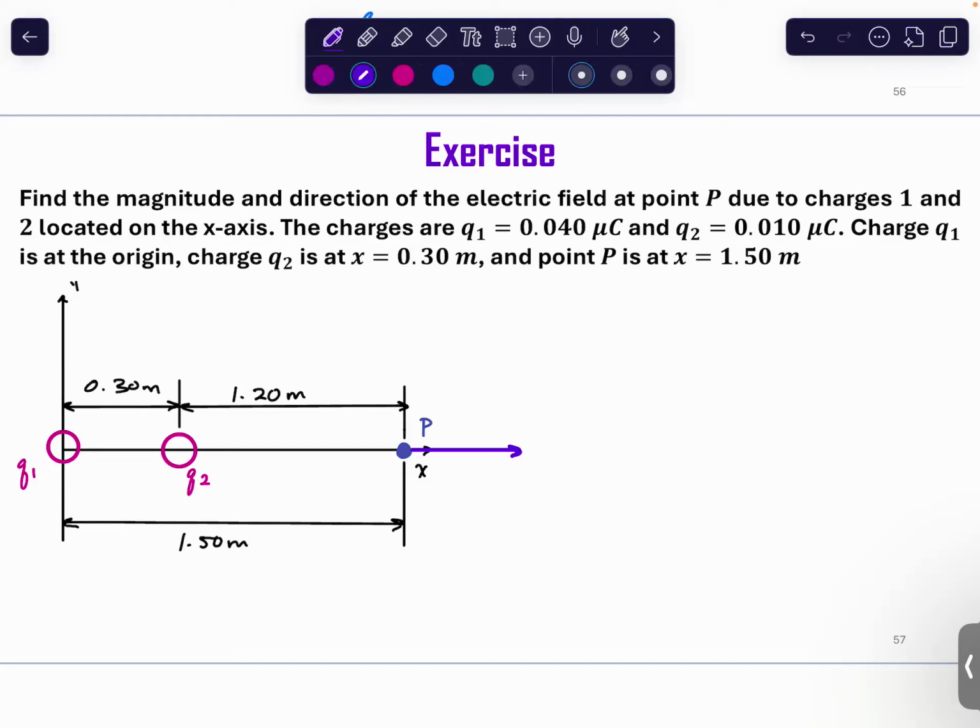All righty, so do you remember? Let's look for the electric field one. E1 equals KE Q1 over R 1 to P squared.